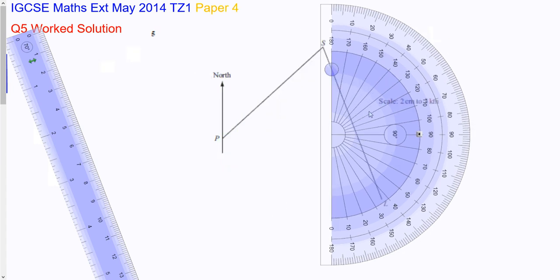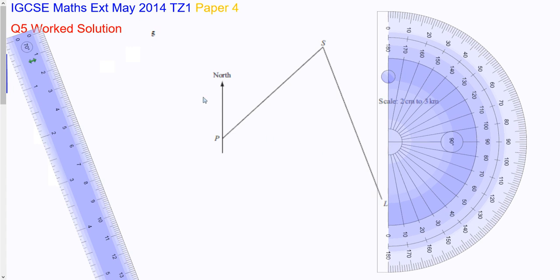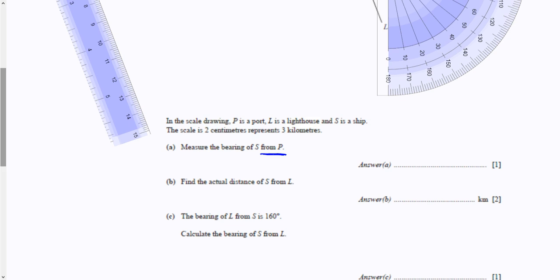The first part of our question, we know that from P to S is going to be 46 degrees. Put that in our answer box down here. So we've got 46 degrees. Basically checking whether or not you know how to use a protractor and you understand what this language means here.